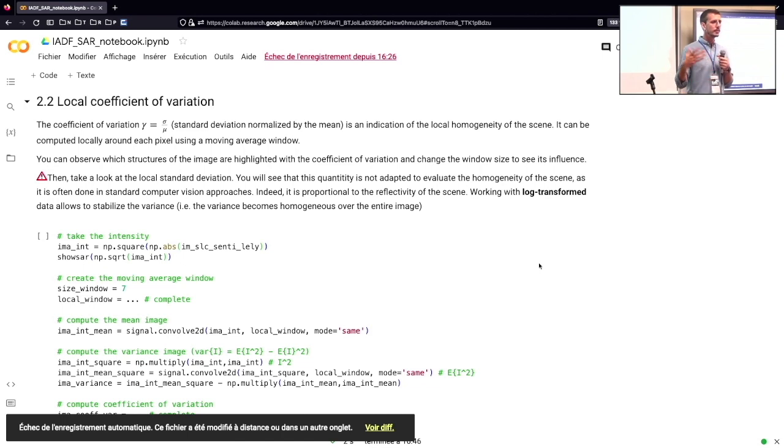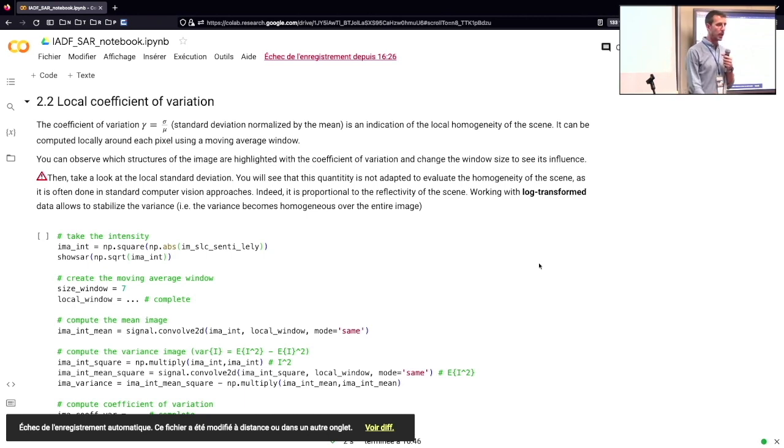So in standard computer vision approaches, when you deal with natural images and you want to detect the homogeneity of the scene and look at edges, for instance, you can take the standard deviation. But in this case, you cannot do it because the standard deviation is linked to the reflectivity of the scene. It's not the same on the whole image.